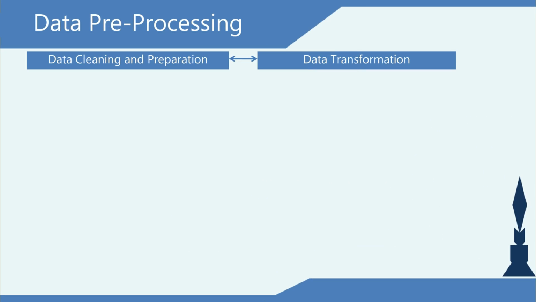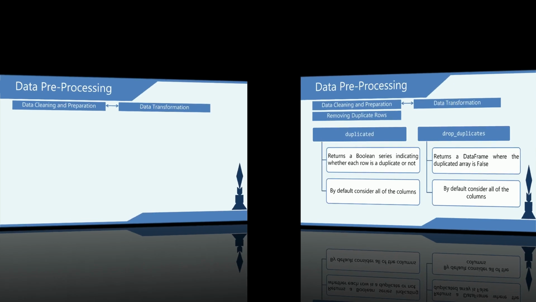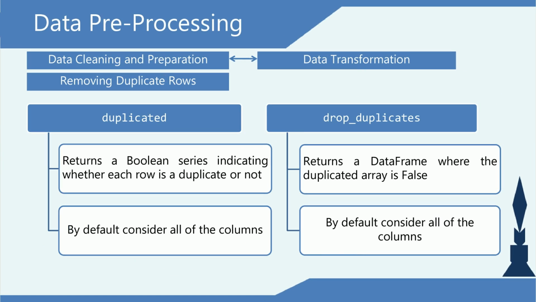Data transformation is another class of important operation. Sometimes we may find duplicate rows for many reasons. In such cases, we can use the duplicated and drop_duplicates methods of Pandas to handle the duplicate rows easily.